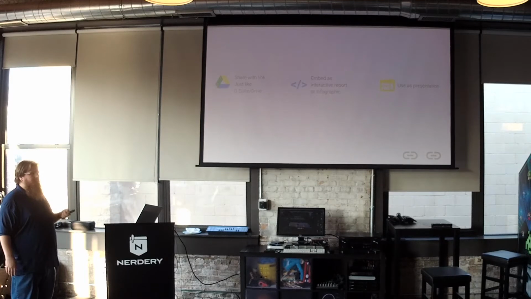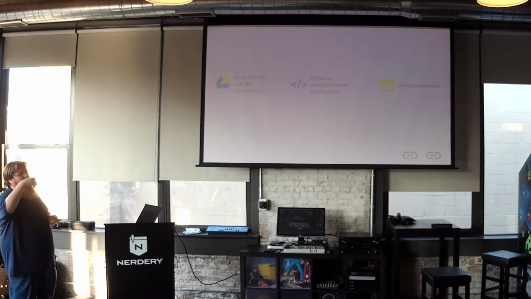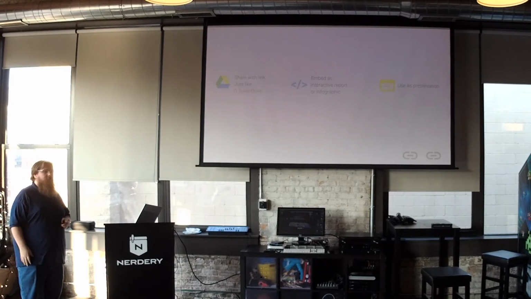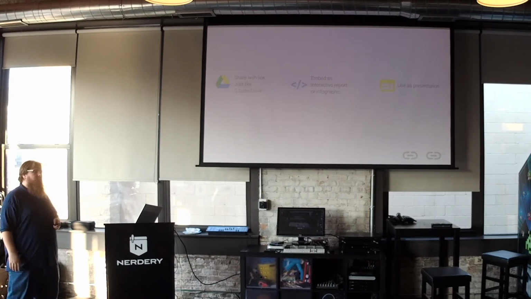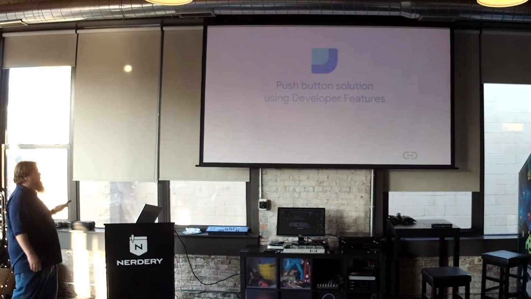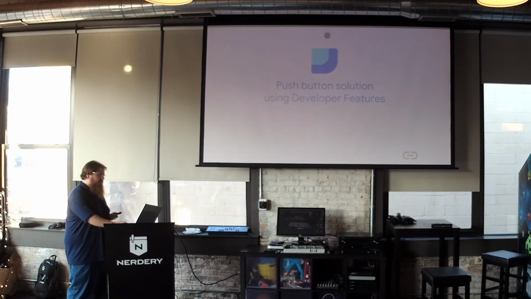The embedding is just, I think in the file menu, embed a report, and it'll give you the HTML to put right into the site that you want. So it's a push button solution for using developer features.